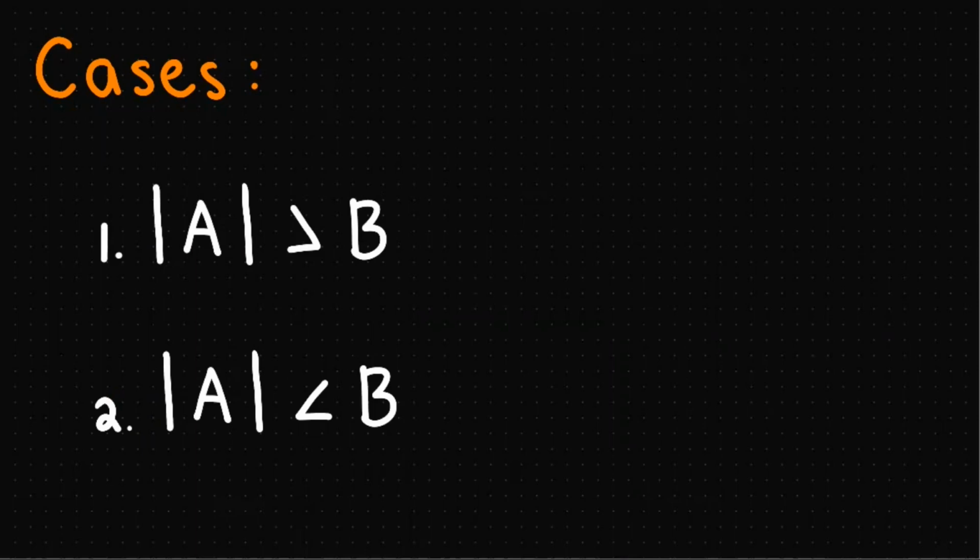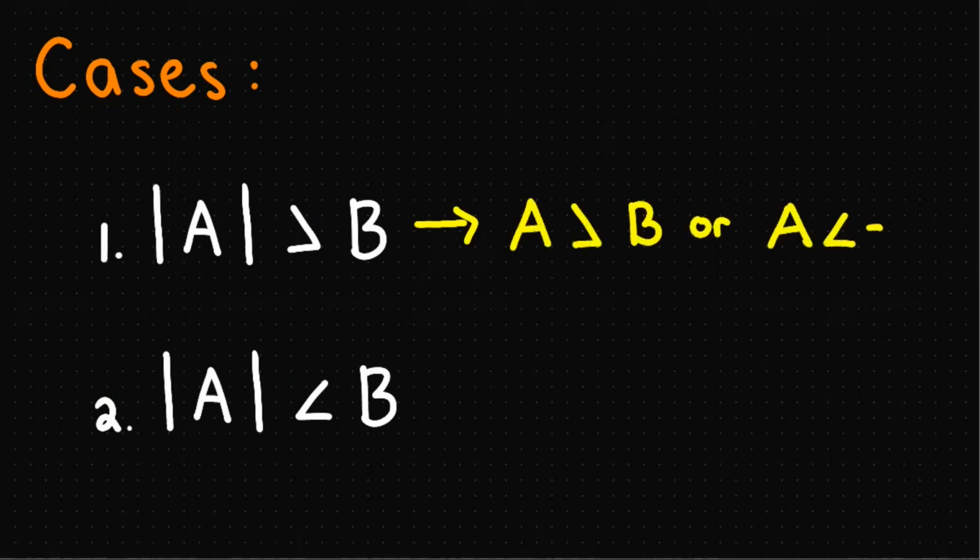That is, either the absolute value of A is greater than B, or it is less than B. If it is greater than B, we can write this as A is greater than B, or A is less than negative B. For the other case, we can write this as A is between negative B and B.